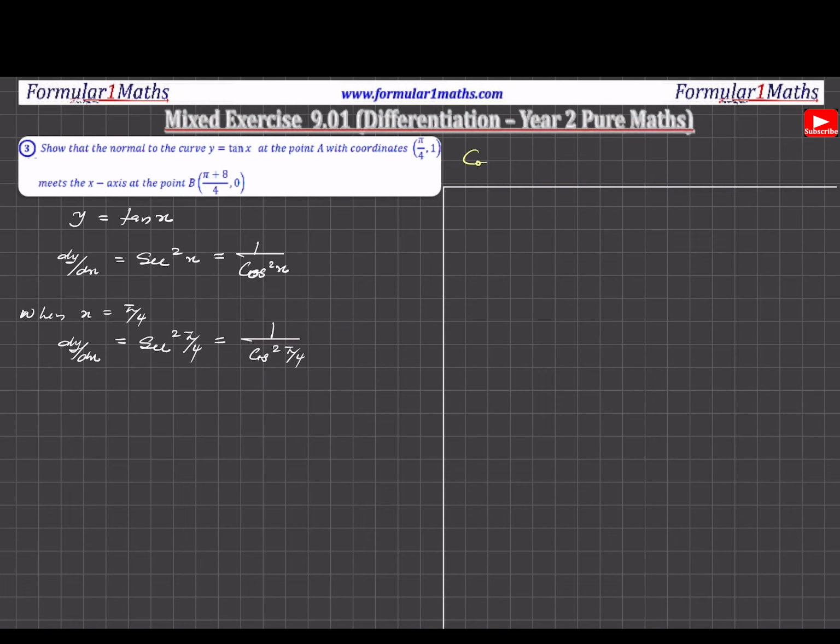But cos pi over 4 is equal to root 2 over 2. So it means this will be equal to 1 over (root 2 over 2) all squared, which is the same as 4 over 2. And 4 over 2 is 2.